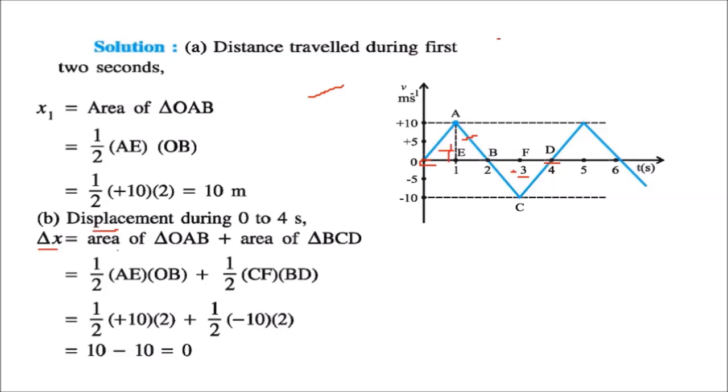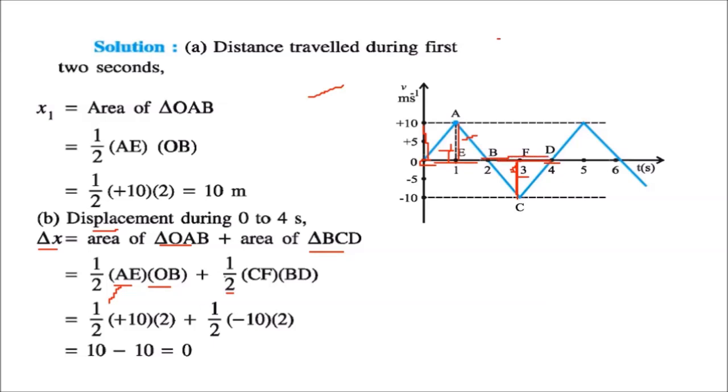So delta x will be the area of triangle OAB plus the area of triangle BCD. OAB is half into base into altitude, that is half into A into OB. In this case we have half into base BD into CF. Now this A is plus 10 here, OB is again 2. In this case CF is minus 10 and this is your BD, which is 2.